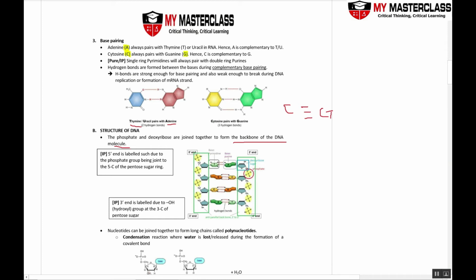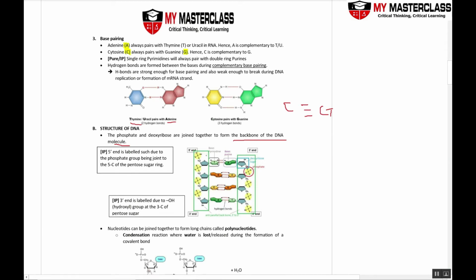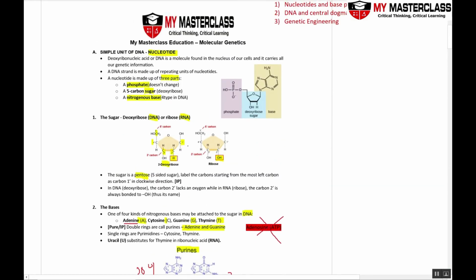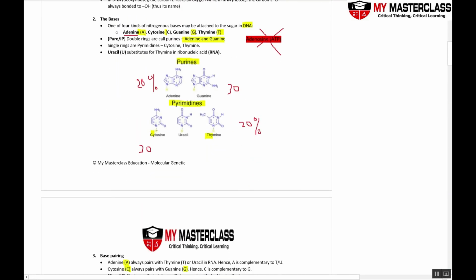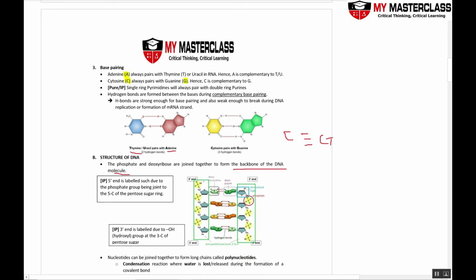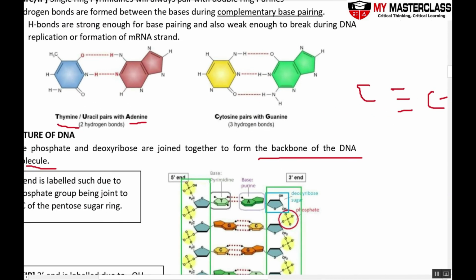Okay, so now if we were to look at the structure here, remember just now we looked at the pentose sugar in terms of the numbering system. Here I have got the first carbon, and the 5th carbon is right at the top. Likewise, if I zoom in, you can see I have got the first carbon, 2nd carbon, 3rd carbon, 4th carbon, and this is the 5th carbon.